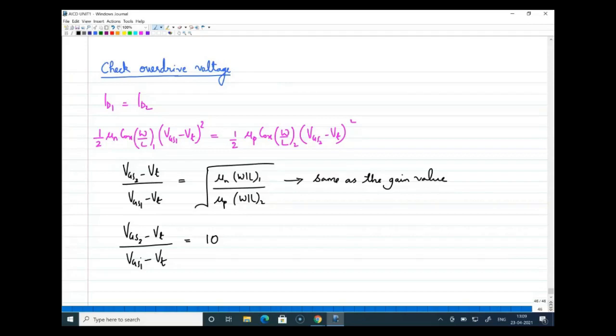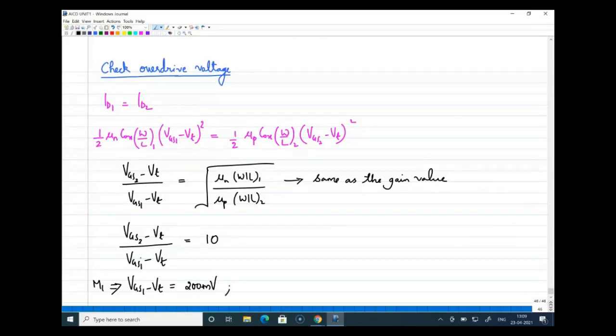Now, what is the implication when the ratio of overdrive voltage is equal to 10? Let me assume the overdrive voltage of the transistor M1, VGS1 minus VT, is 200 millivolt.